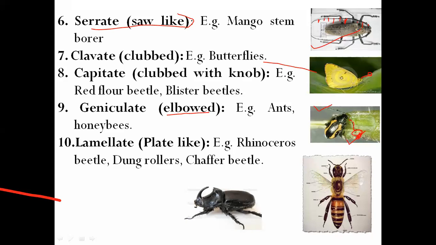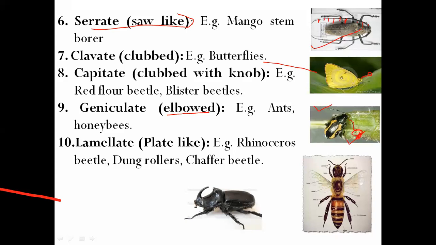The remaining arm-like structure is called the flagellum, which is bent and forms an arm-like structure. In the next slide I am showing you figures of all these insect antennae, don't worry. That is called geniculate, examples are ants and honeybees, which have the geniculate type of antenna.